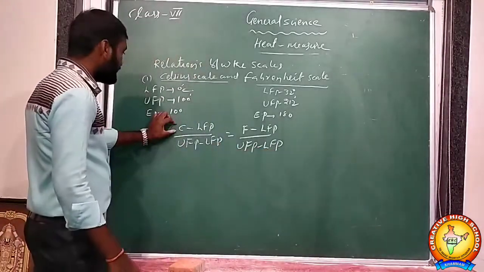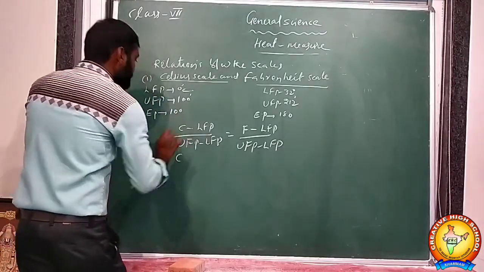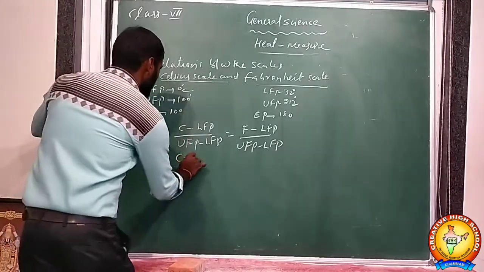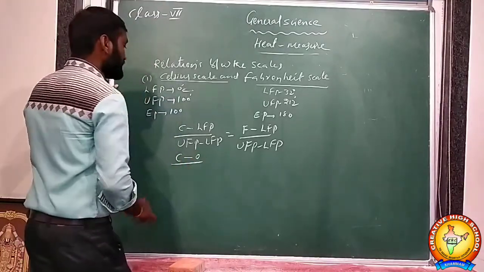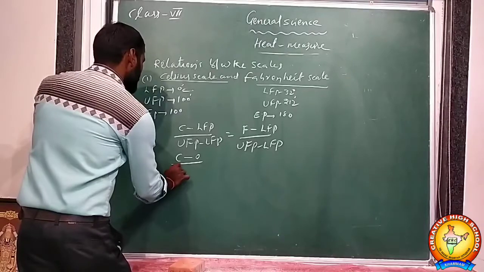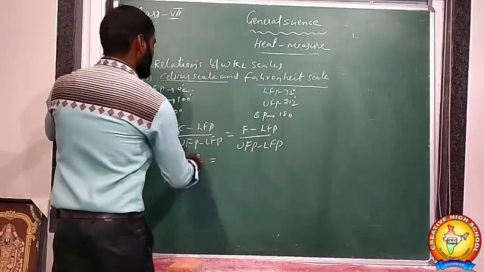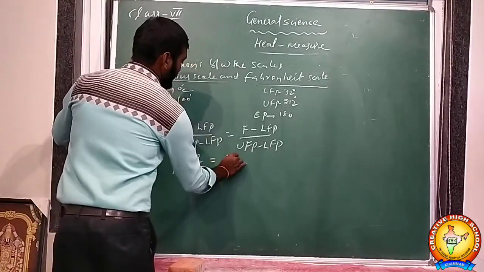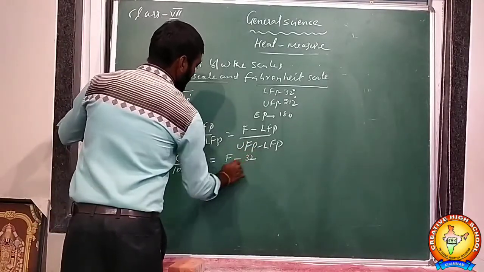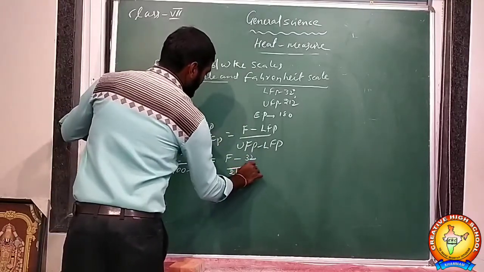C means the Celsius scale. So C minus lower fixed point, which is 0, by upper fixed point 100 minus 0, is equal to F minus lower fixed point 32, by upper fixed point 212 minus 32.